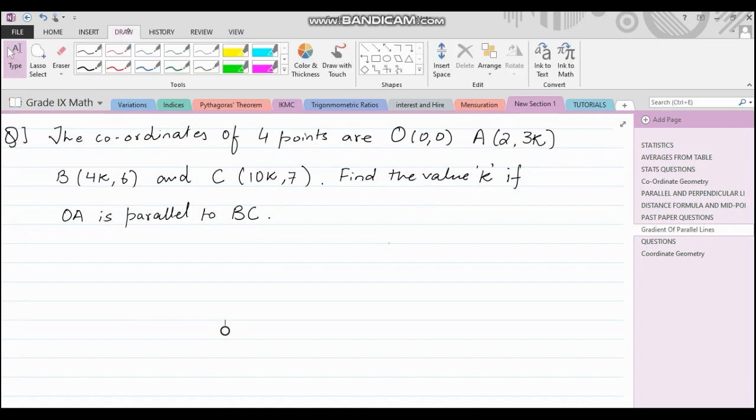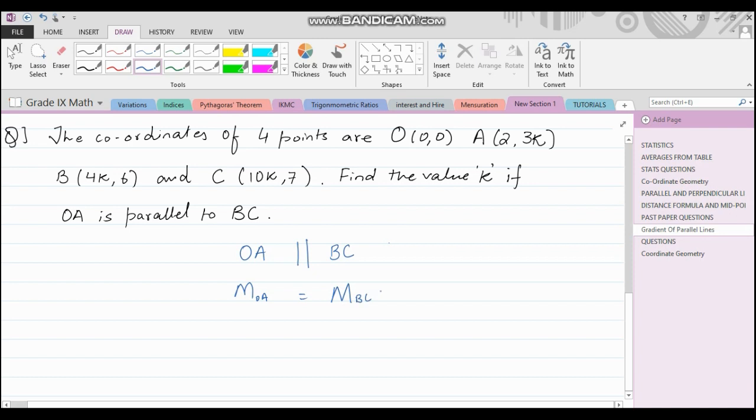If they are parallel, then I could say if OA is parallel to the line segment BC, the slope of OA would be equivalent to the slope of BC because they are parallel.